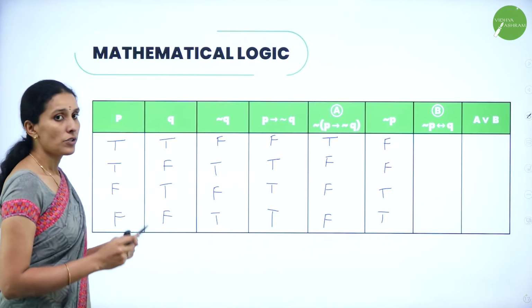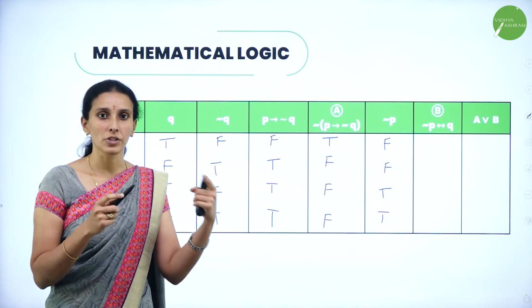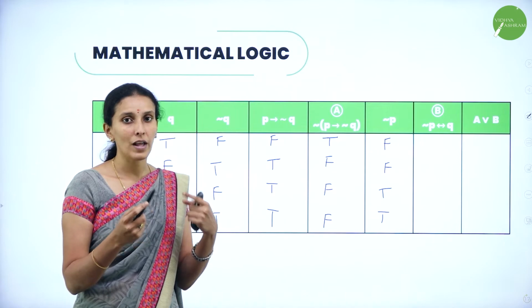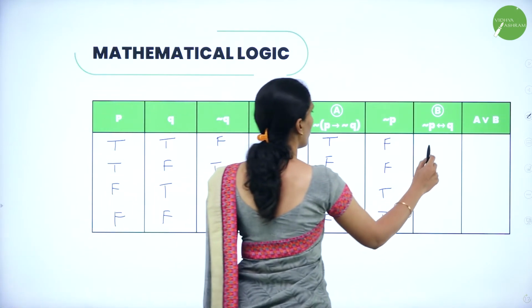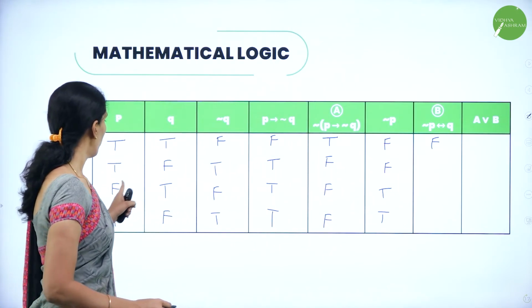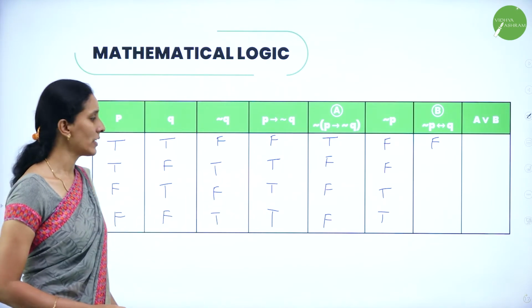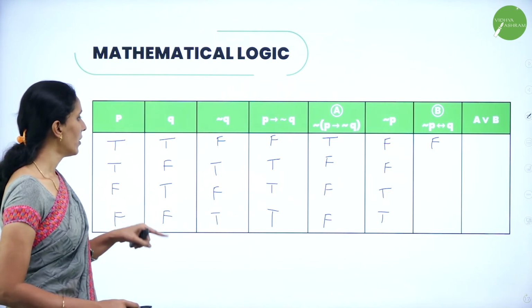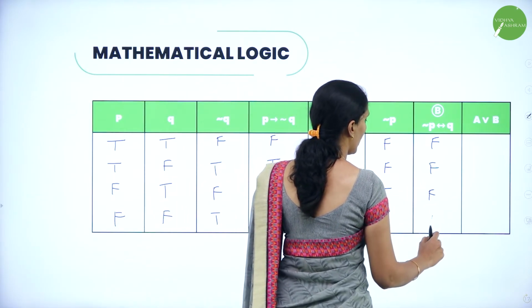Biconditional with Q: when the two propositions have the same values, it is true. If it has different truth values, it is false. So, for the first one, it is false. For the second one, it is false. For the third one, it is false, and for the fourth one also it is false because they are all different truth values. So therefore it is F, F, F, F.